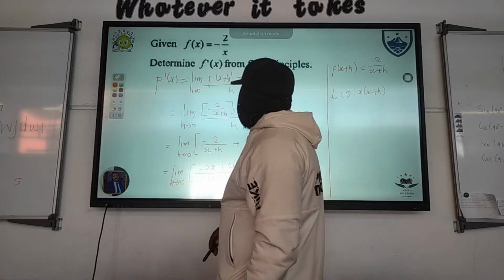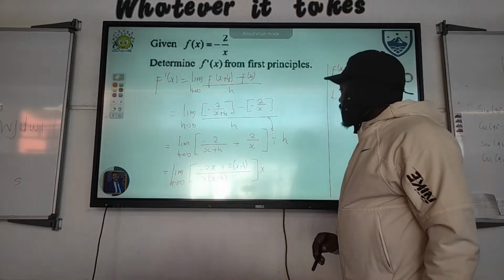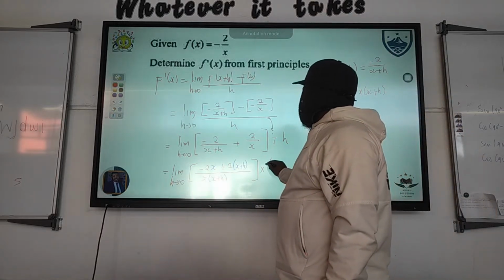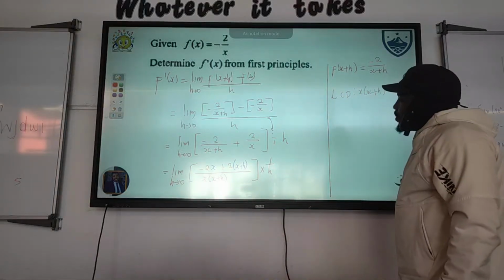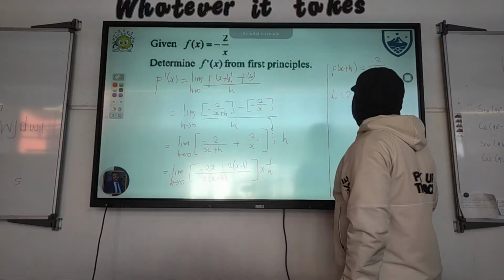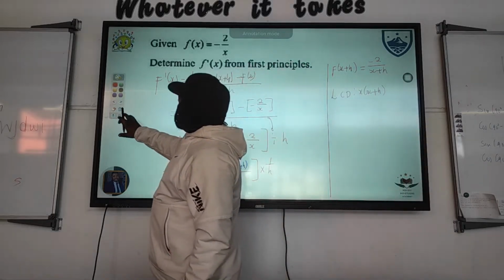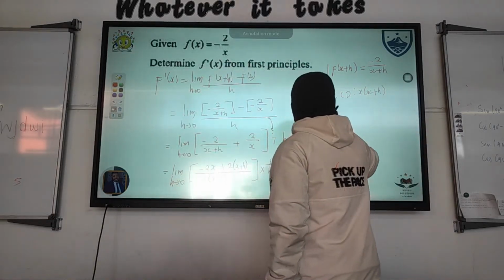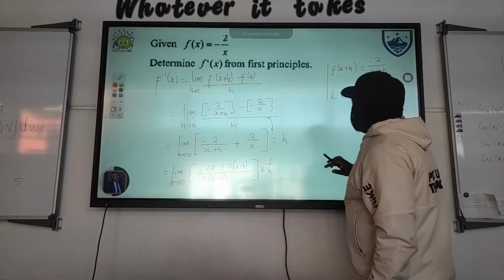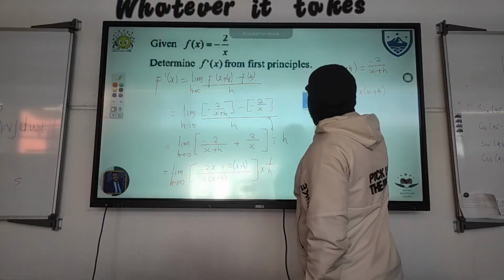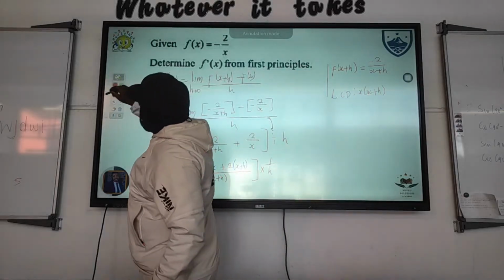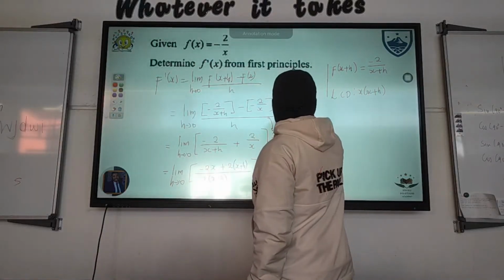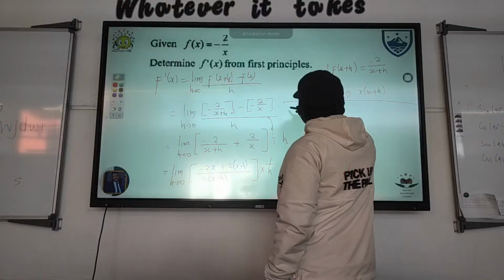Let's change our division to multiplication, and this will just be 1 over h. We can simplify the left hand side. We get an eraser to make space. And then let's use algebra just to simplify.